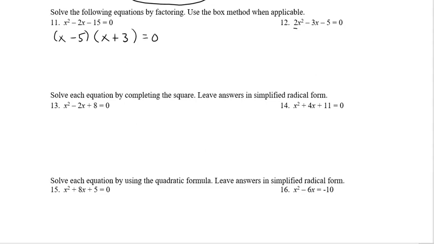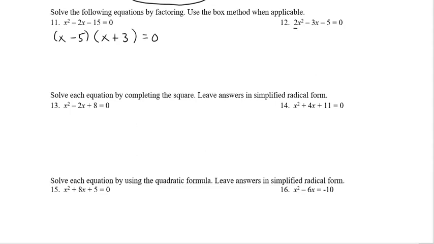And it's a good idea, if you have time on your test, to go back and use FOIL and make sure you're factoring correctly. I notice a lot of people, their factoring isn't even close to being right, and they've had time to check it, but they just don't. So if you've got time left over, go back and check your factoring, in this case with FOIL, and make sure that it agrees.